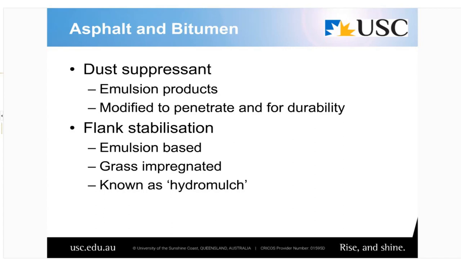And for some reason, if you want to make grass grow well, you spray bitumen on it. I wish I understood the science behind that. I have a layman's theory that I won't bore you with, but it seems to me that if you want your grass to grow better, just spray it with bitumen, and it grows quite happily with not too much water required.